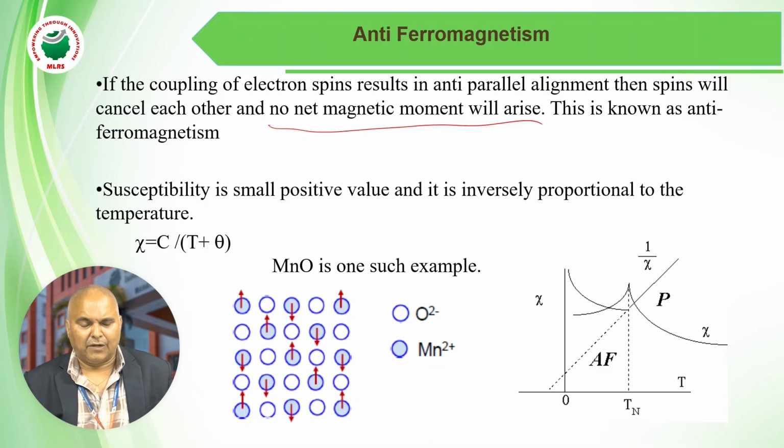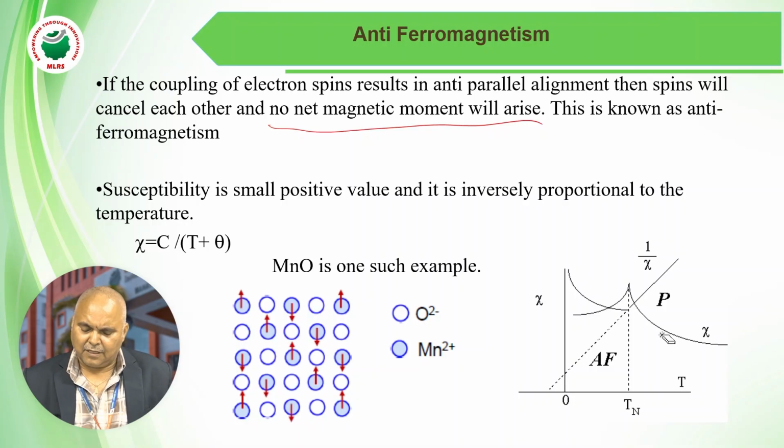For example, MnO, manganese oxide: the manganese atoms will be anti-parallel to each other, so the net spin magnetic moment will be zero. Up means positive and down means negative, so whatever positive value there is, that much is cancelled out by the negative, and the net magnetic moment will be zero.